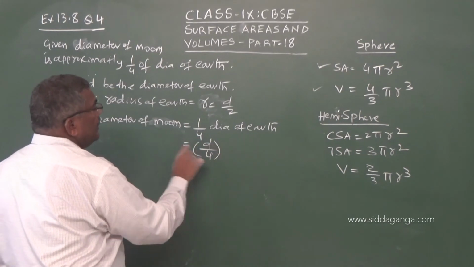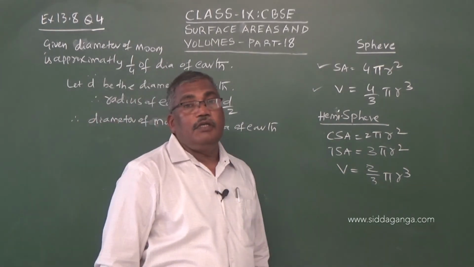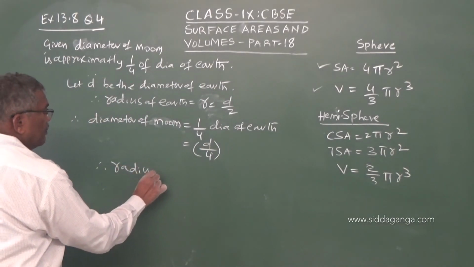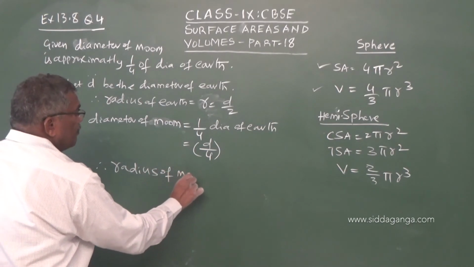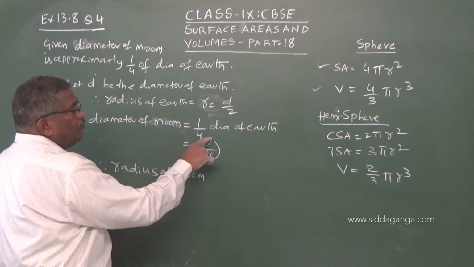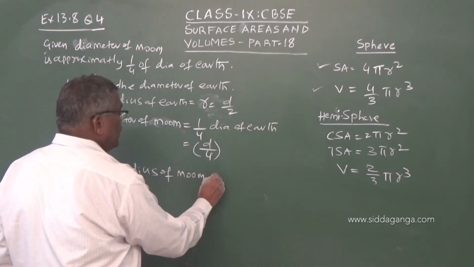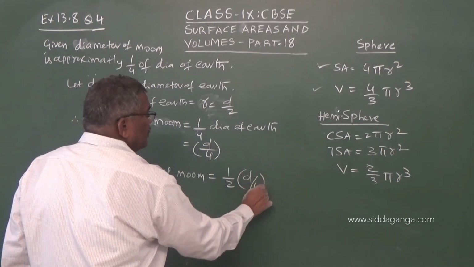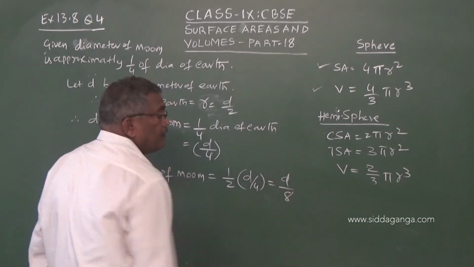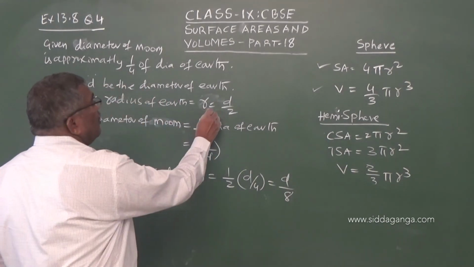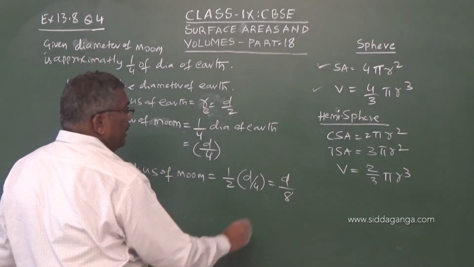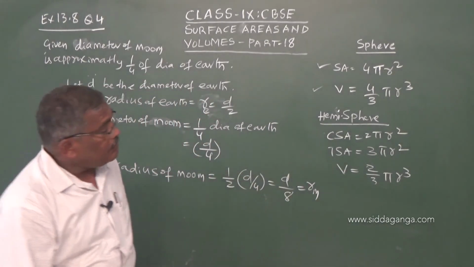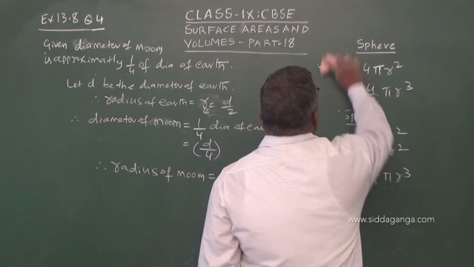So D by 4 is the diameter of the moon. Therefore radius of moon, diameter of moon is D by 4, therefore radius of moon is half of D by 4, so that is D by 8. Remember, this is radius of earth. I will write it as RE, and this is RM for our purpose.